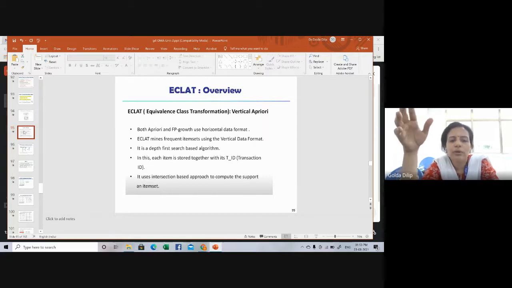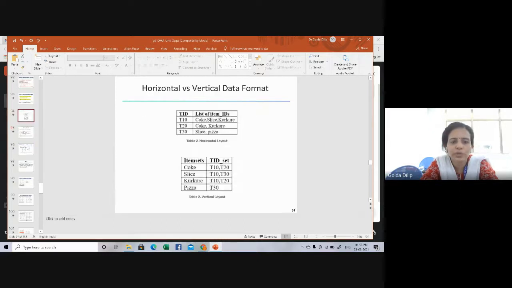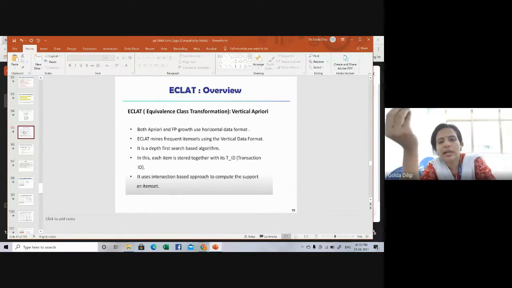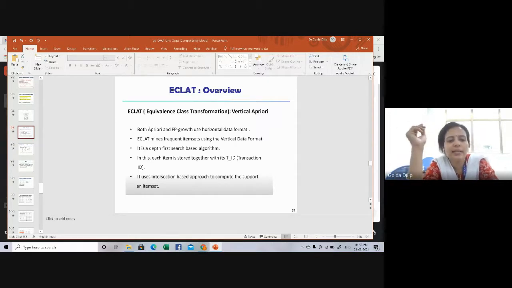So you have a vertical transaction representation, which I just showed you. There is no subset test or subset generation needed in order to compute the support. Generally, the TID sets are used to calculate the support count.